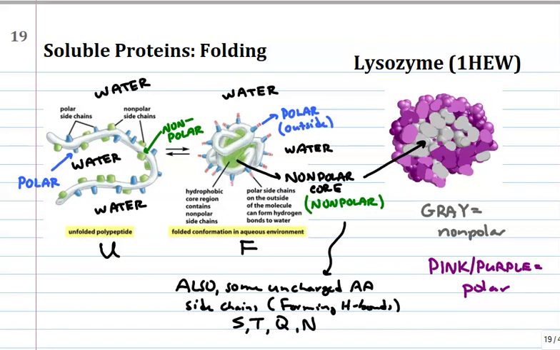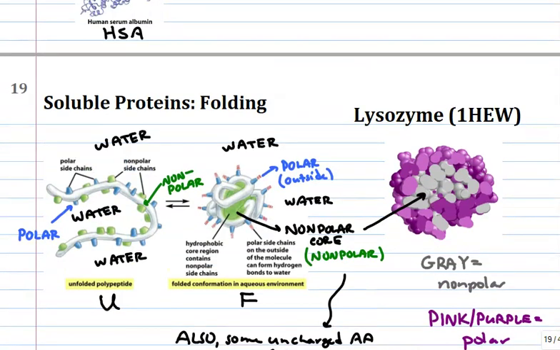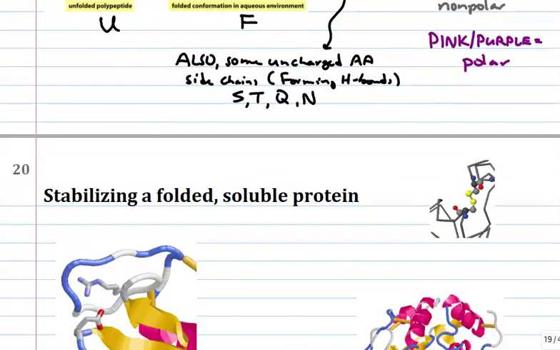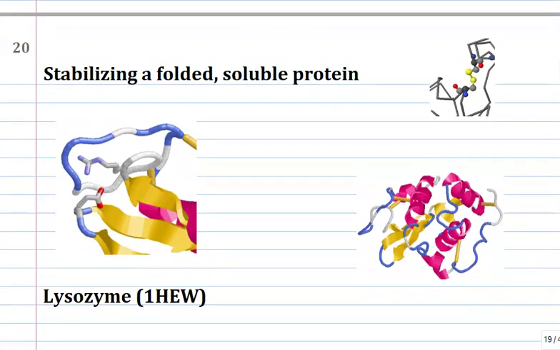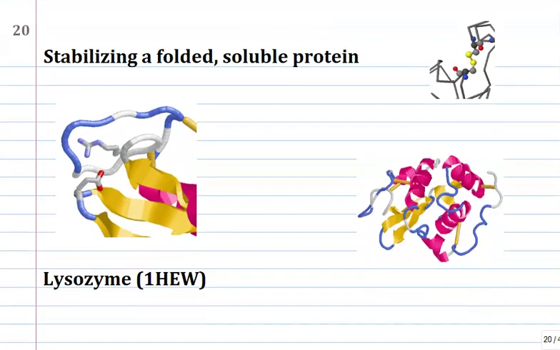Again, this is a prelude to us talking about this probably over and over and over again. Well, how do you stabilize a folded soluble protein? Well, we can get into some interactions that are going to help stabilize proteins.